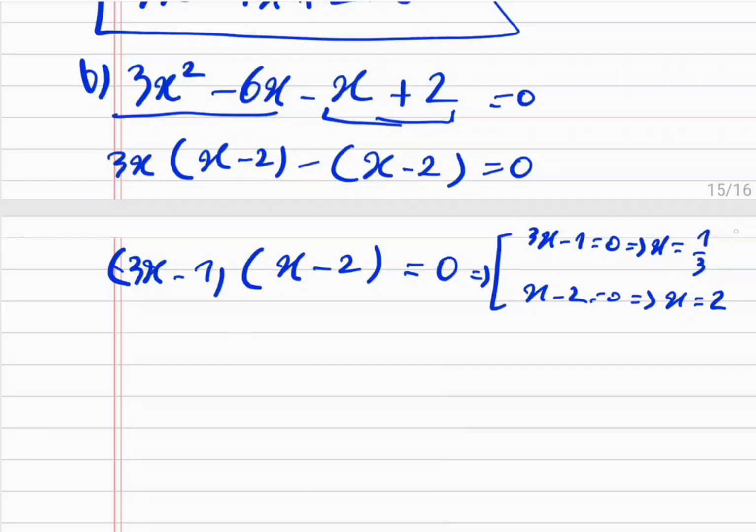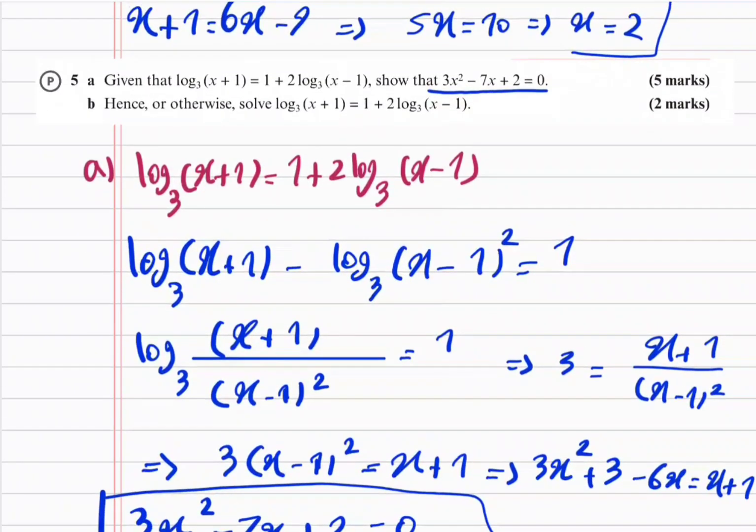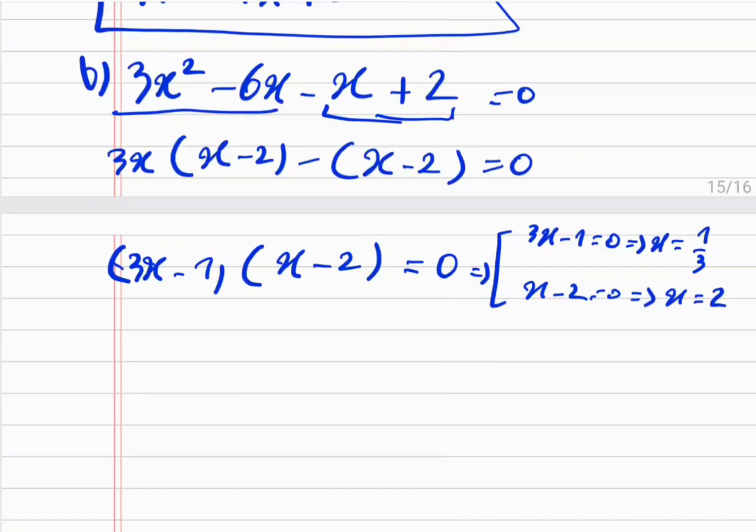But if we substitute 1 over 3, then we'll have 1 over 3 minus 1, which is minus 2 over 3. And this is undefined because log only accepts values which are positive. So this value of 1 over 3 is problematic for the reason I just explained.